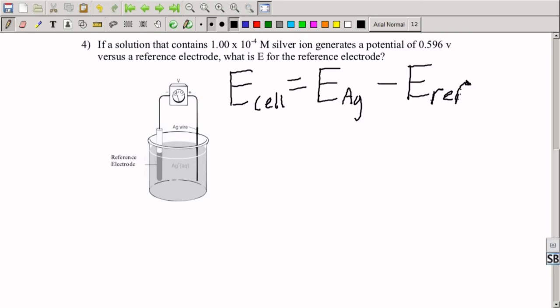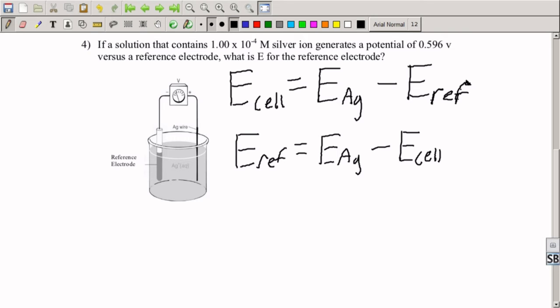And so I can rearrange that. My reference electrode can be determined by taking the half potential of my silver electrode and subtracting from it the cell potential.